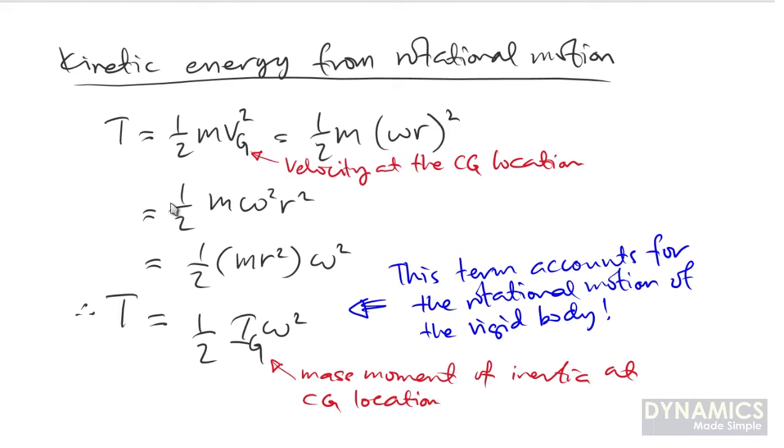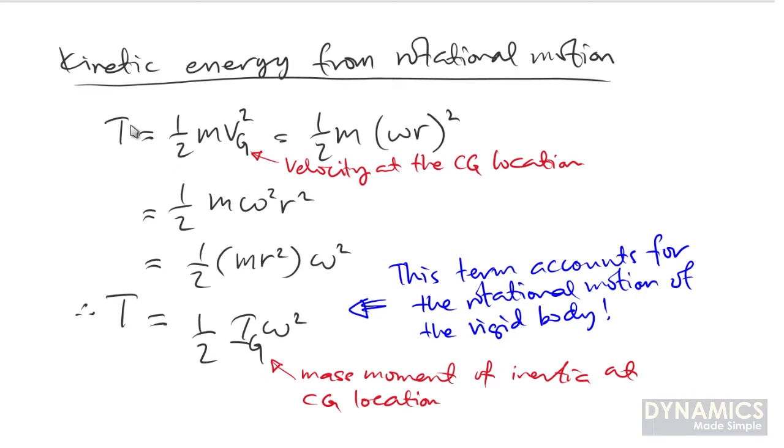So we can expand this. We'll have half m omega squared r squared, and mr squared is our I. And since the velocity is at the CG, this I must be at the CG as well. So our kinetic energy can be written in this form, which is half m vG squared, or half mv squared, or can also be written as half IG omega squared.